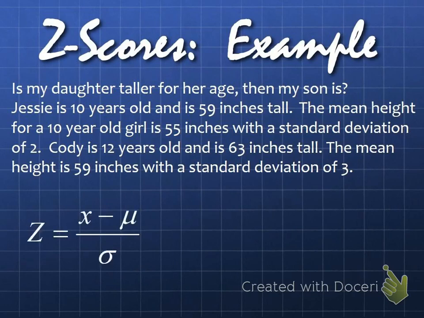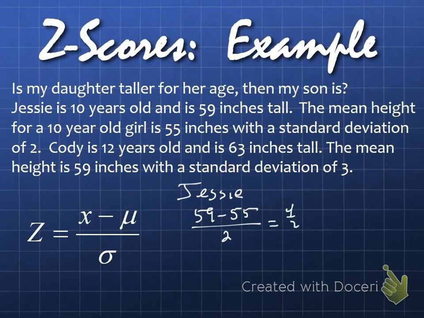We want to create a z-score for both of these two. So for Jesse, her z-score is: she is 59 inches tall, and the mean height is 55 inches for 10-year-old girls. The standard deviation is 2.